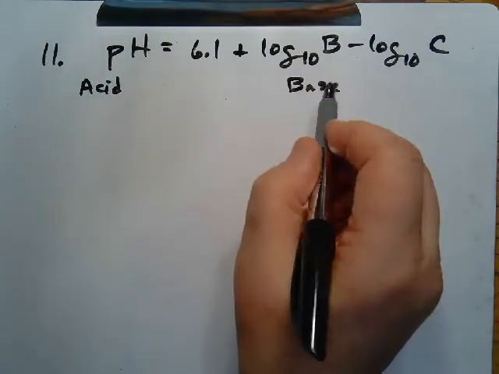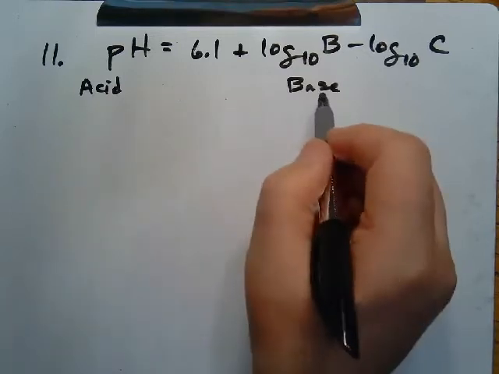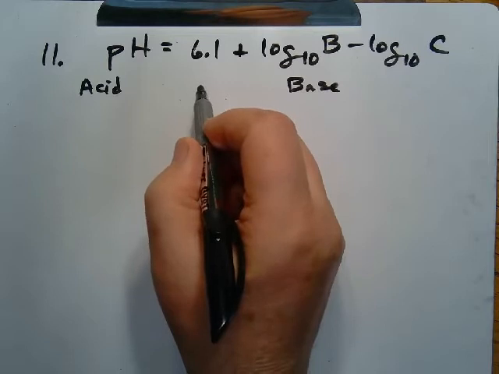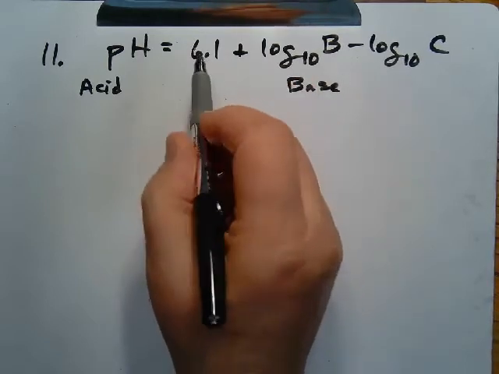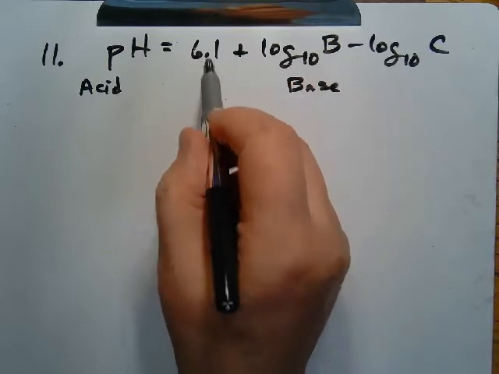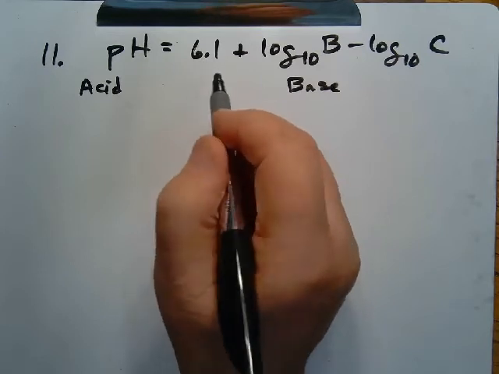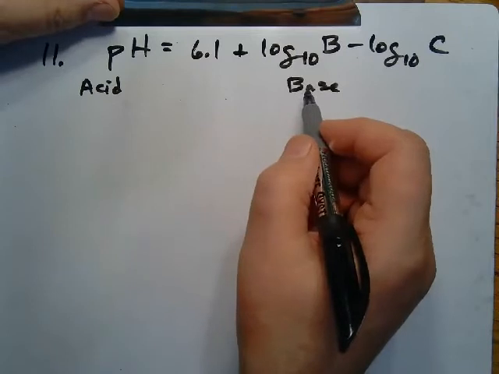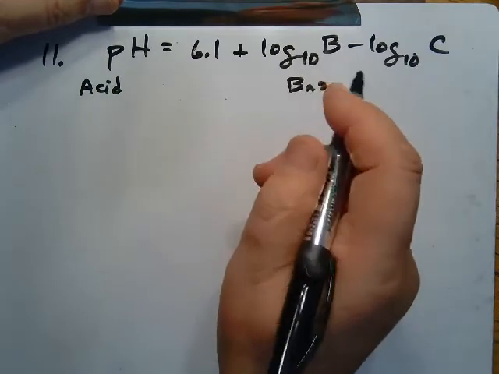And in your science class, you noticed that it goes from like 1 to 14, and 7 is like neutral. This particular problem has to do with blood in the human body. So it's pretty close to the middle. But we're going to find out what the ratio is here. Let's take a look at the problem.